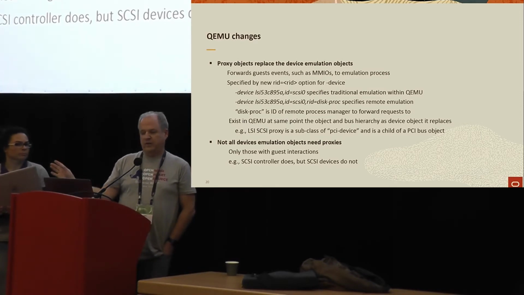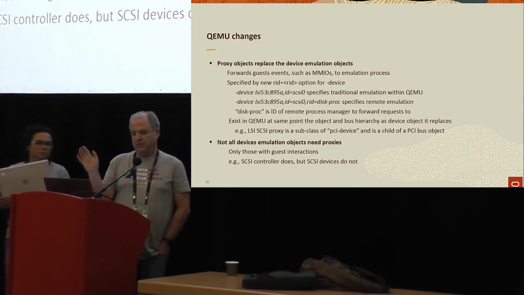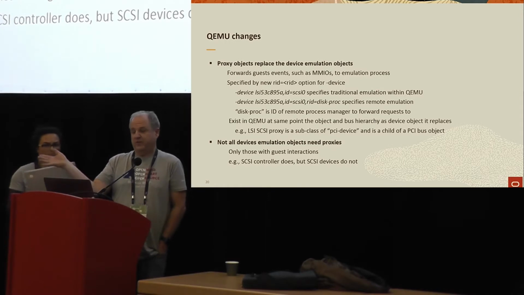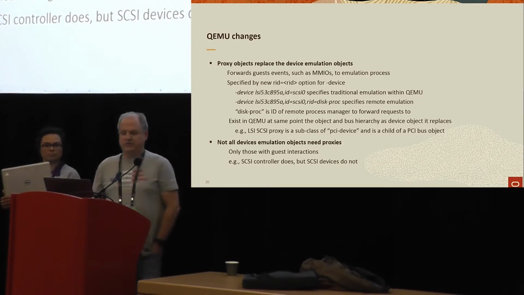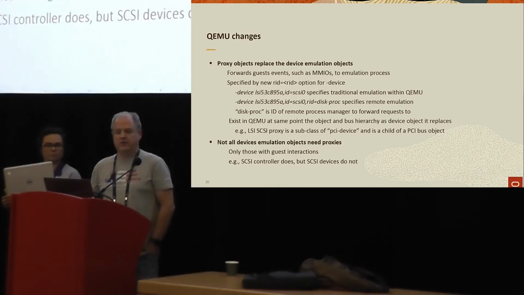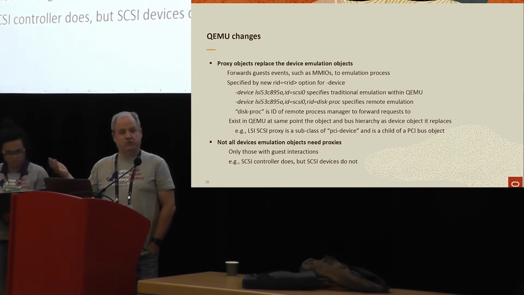And they exist exactly like they do in the same place in the QEMU hierarchy, both bus and object hierarchy. So like an LSI is a subclass of a PCI device and is a child of a PCI bus. Other thing to note is that not all devices need proxy objects, only those that interact with a guest. So like the SCSI controller, since you do MMIO operations to the SCSI controller, needs one, but the actual SCSI device, which doesn't directly receive indications from the guest, does not.